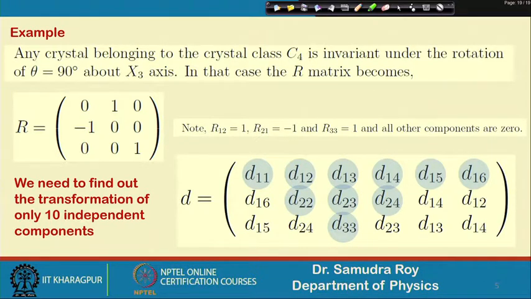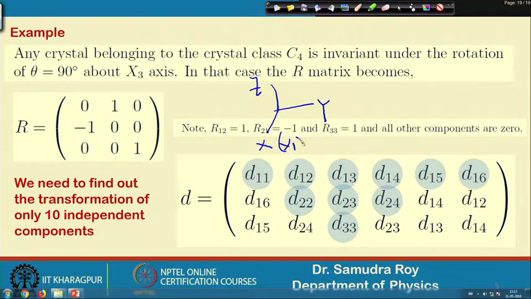If I rotate this by 90 degrees, or pi by 2, then since it is a symmetry operation, we will have the same crystal again.